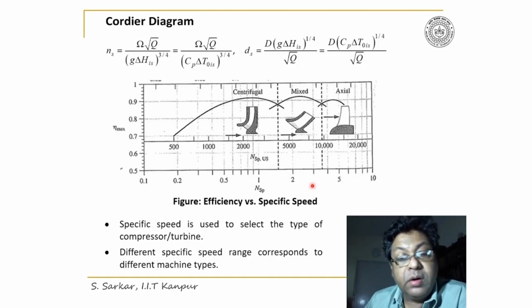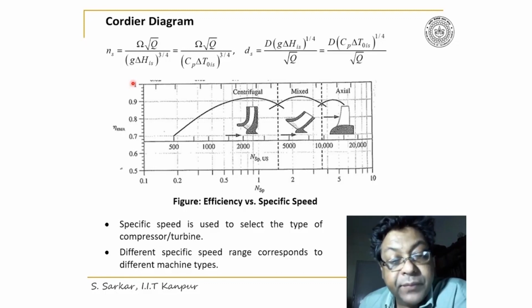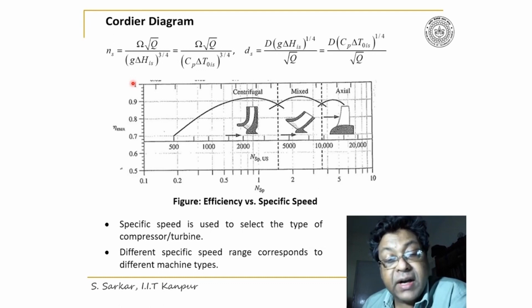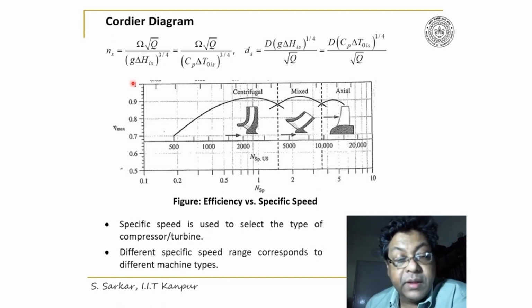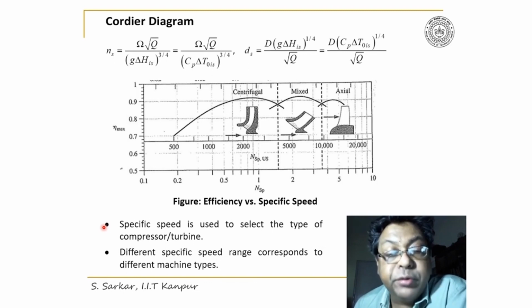Furthermore, the message from this figure is that the specific speed is used to select the types of compressor or turbine.